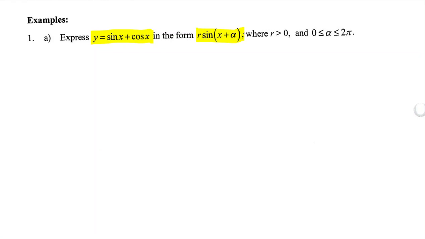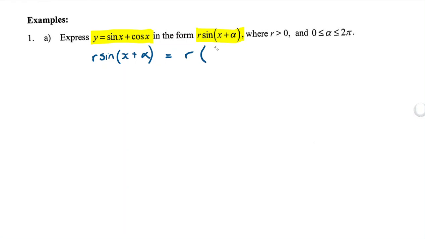So what we want to start by doing is start with the r sine x plus alpha, and let's do an expansion. Careful, how do you expand sine x plus alpha using your compound angles? It's not a double angle. Sine x cos alpha plus cos x sine alpha.